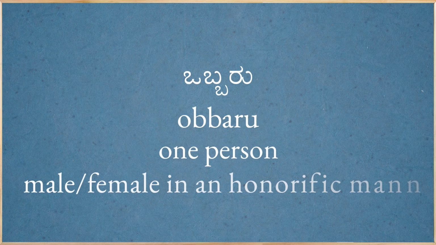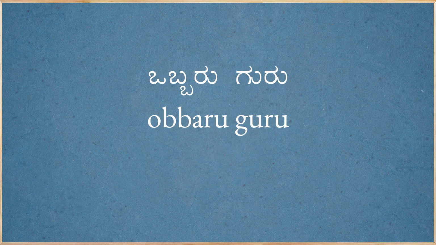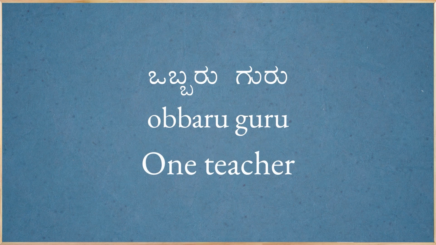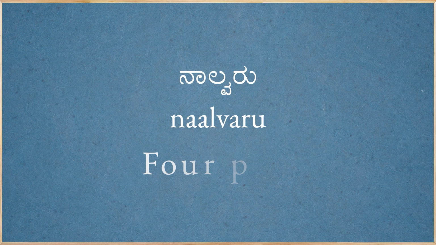Honorific form, ಒಬ್ಬರು. ಒಬ್ಬರು refers to one person, male or female, in an honorific manner. For example, ಒಬ್ಬರು ಗುರು, one teacher, with respect. Plural honorific forms. ನಾಲ್ವರು refers to four persons in an honorific manner.